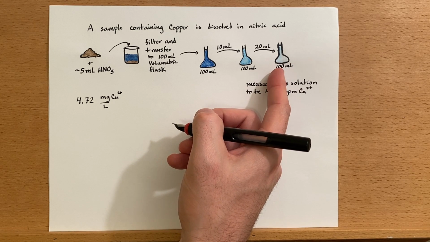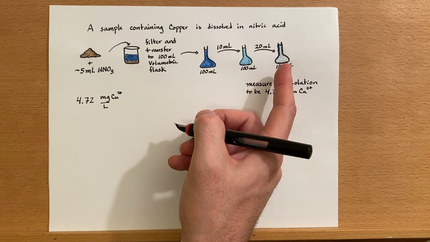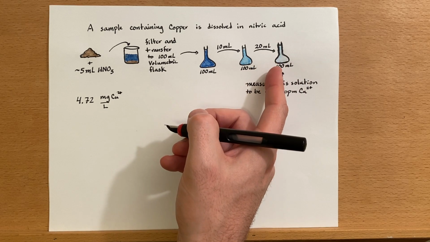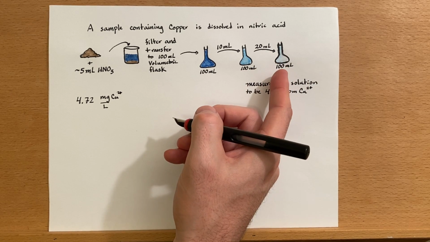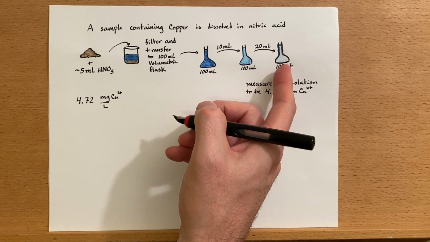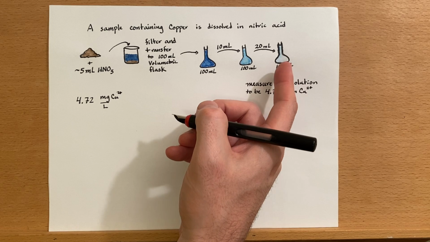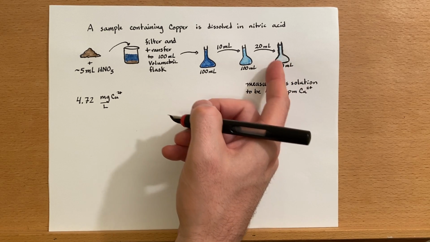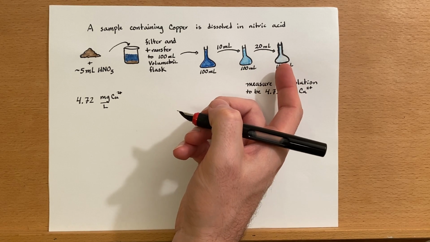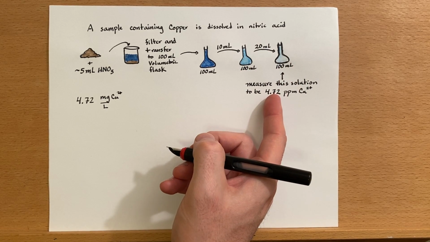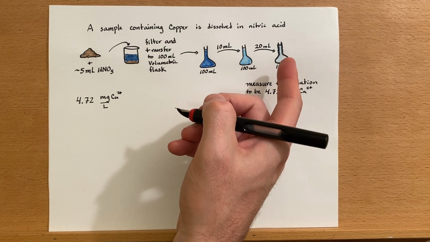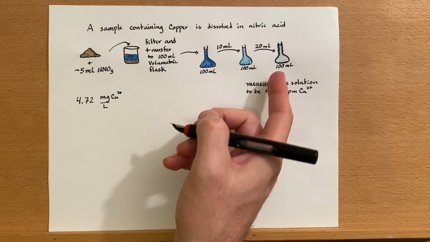So I need to multiply that by 100, because that will tell me how much copper was contained inside that entire flask, because that entire flask came from 20 milliliters of solution. So when I'm going backwards, I have to consider that. Since the concentration of 4.72 parts per million is of the 100 milliliter volume, that's what I use.